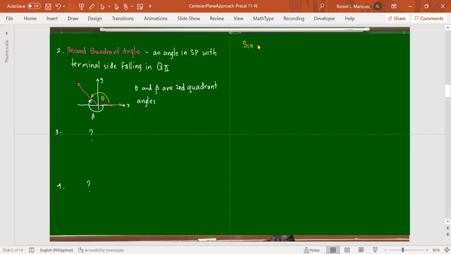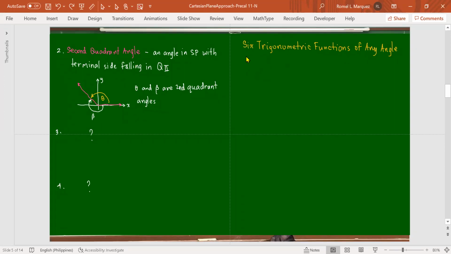Let's now define them using the Cartesian plane approach: the 6 trigonometric functions of any angle, meaning of a general angle.